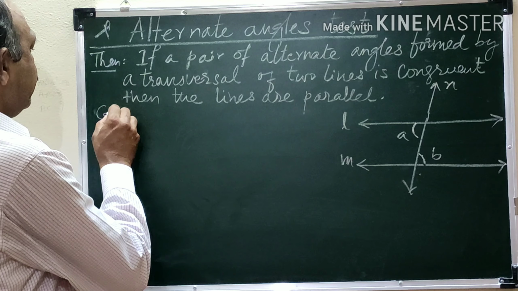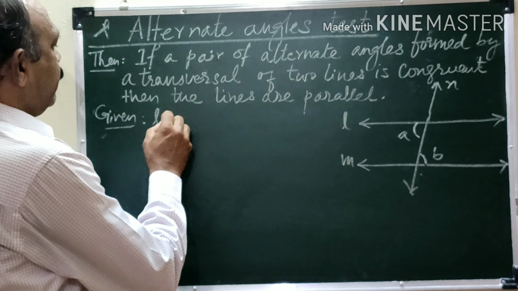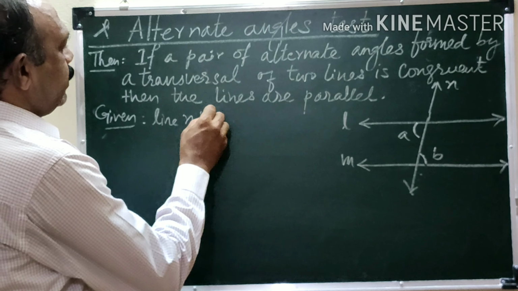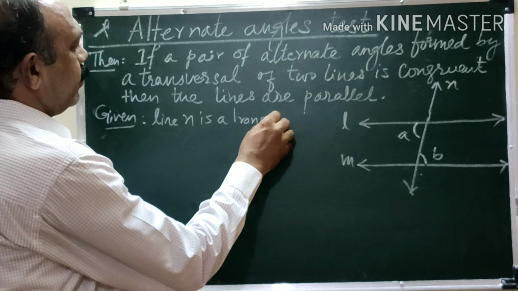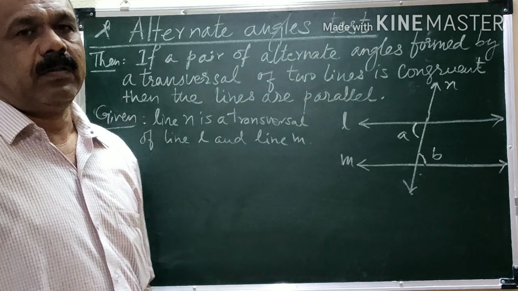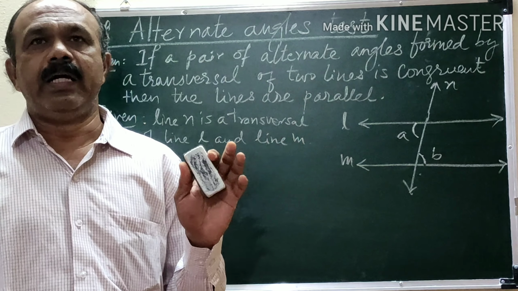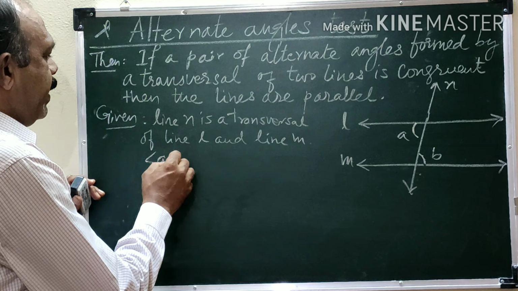So what is given? Line N is a transversal of line L and line M. It is a transversal of two lines L and M, and angle A and angle B are congruent.